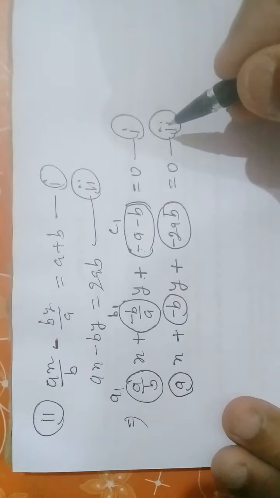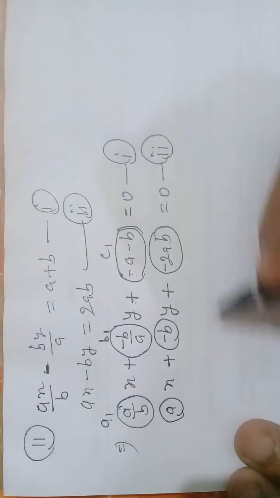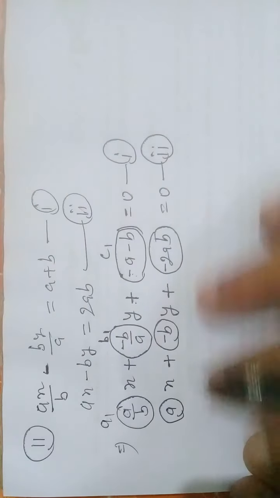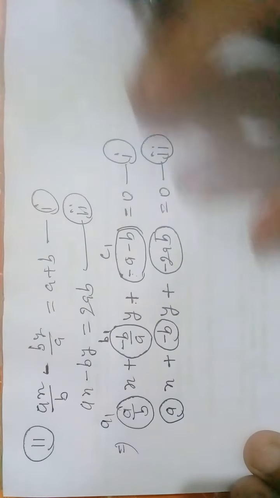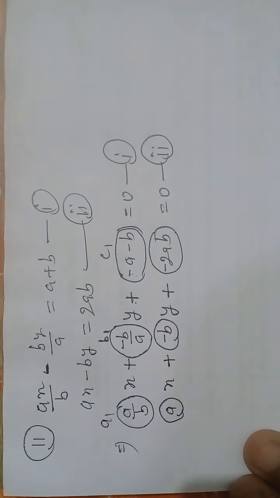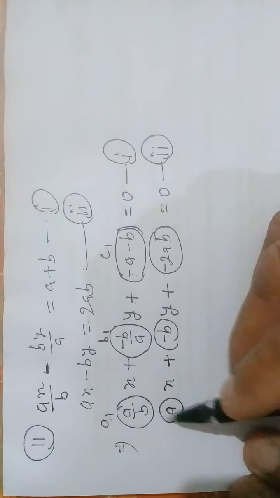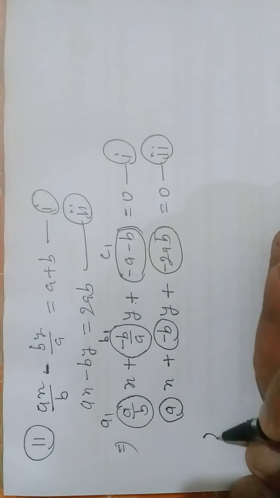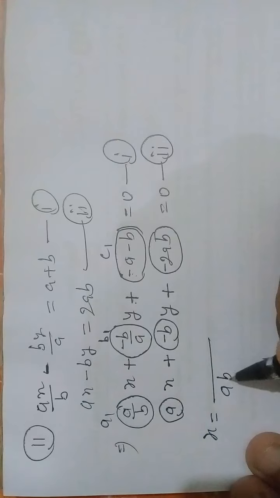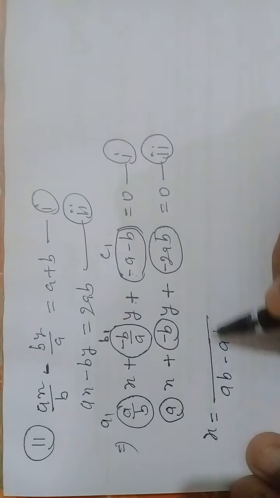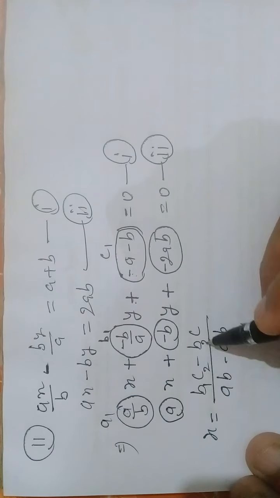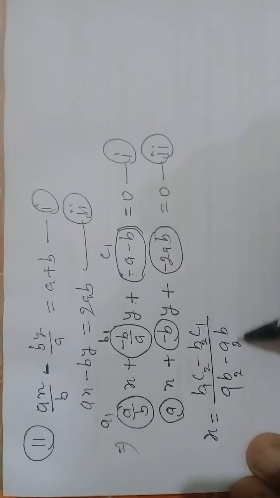Now the value of x. I am not writing all the statements here, you can write them in your notebook. We know that x is equal to (b1c2 minus b2c1) over (a1b2 minus a2b1).